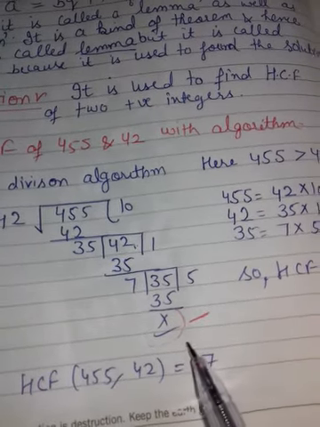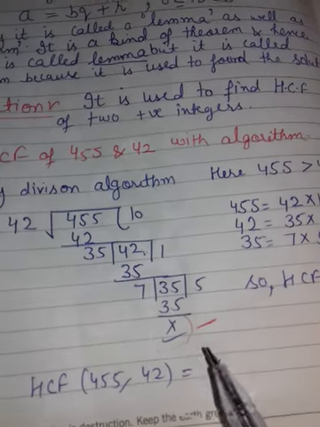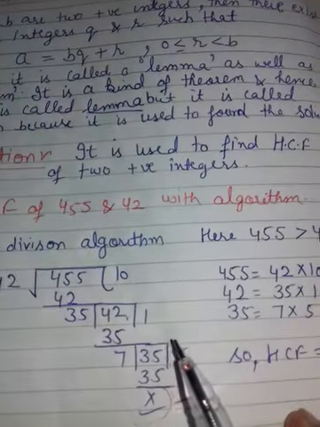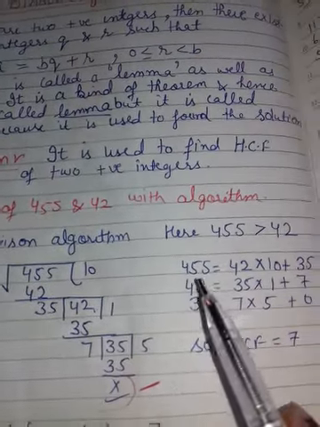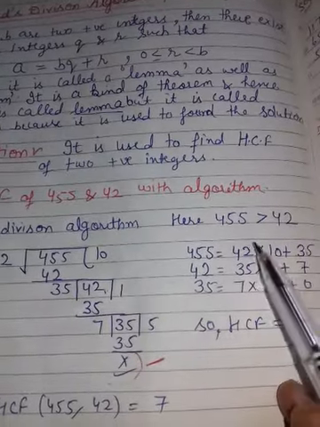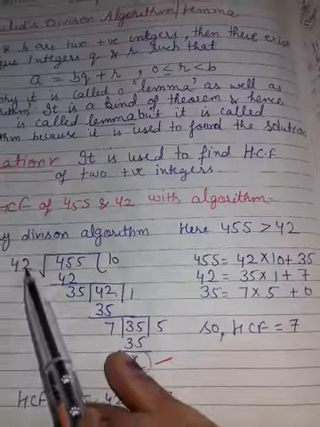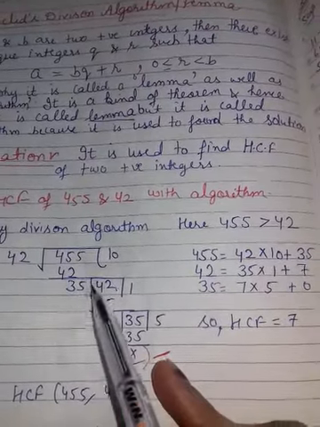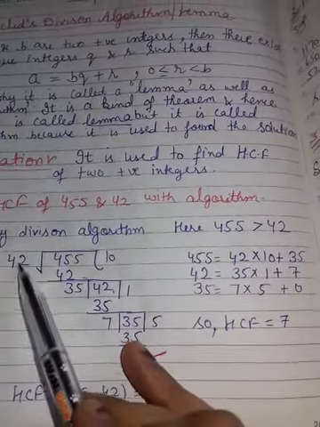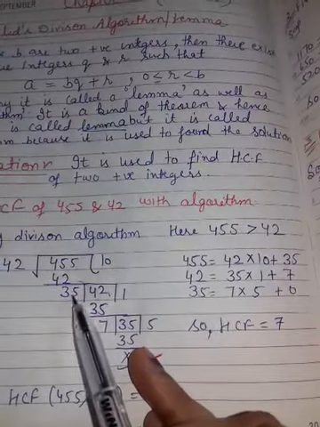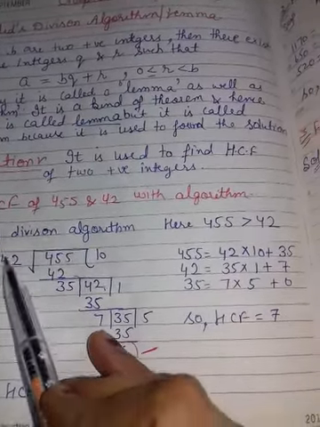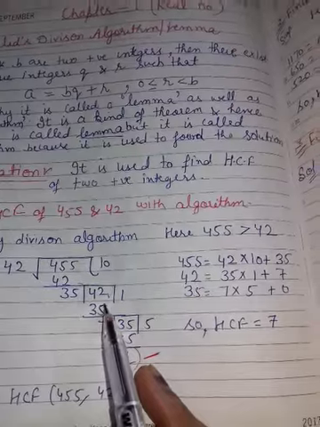Whenever you get 0, then you will stop. Now after that you will write each and every step of it. Now you are thinking why I kept 42 inside. You know 42 can never go into 35. So when you get a remainder less than the divisor, then you will keep that one inside.